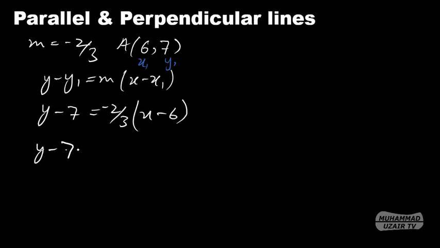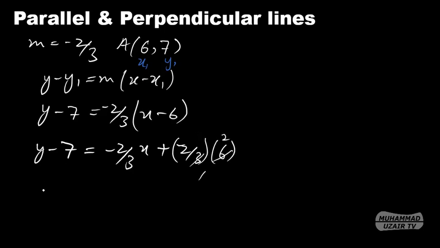So y minus 7 is equal to minus 2 divided by 3 x plus 2 divided by 3 into 6. 3 2s are 6, so y minus 7 is equal to minus 2 divided by 3 x plus 4.